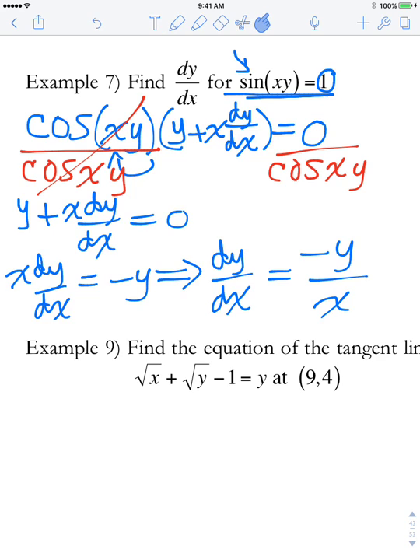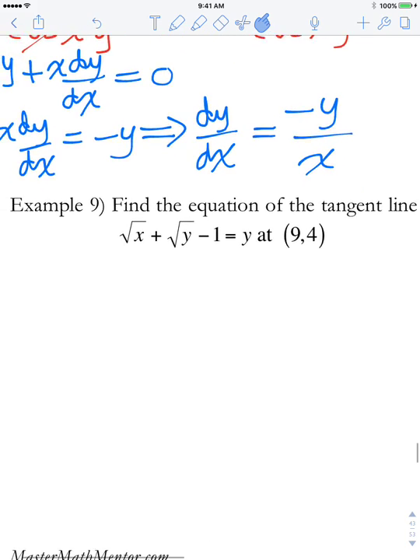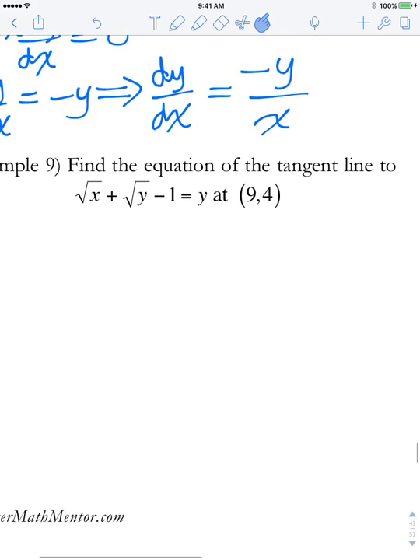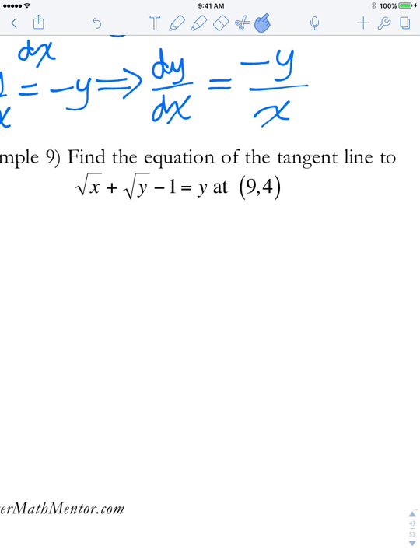So that's number 7. Let's actually go right to number 9, just in case we didn't get to this in class. So again, I'm just going to rewrite this as x to the 1/2 power plus y to the 1/2 power minus 1 equals y. So I haven't found the derivative, I'm just rewriting it. Okay, and let's get started.